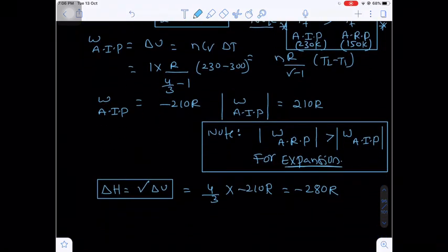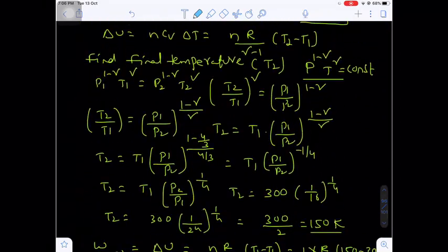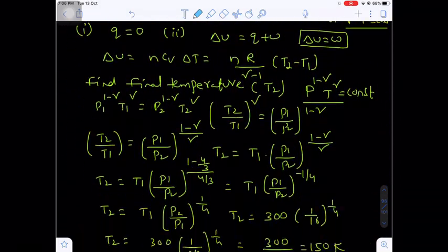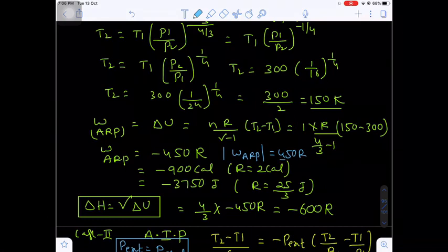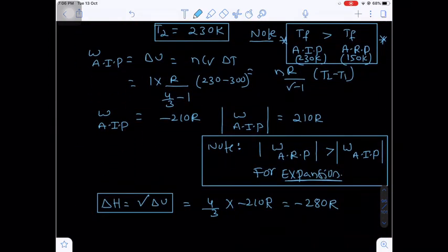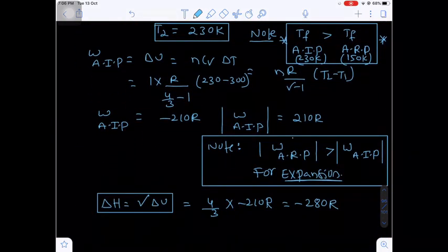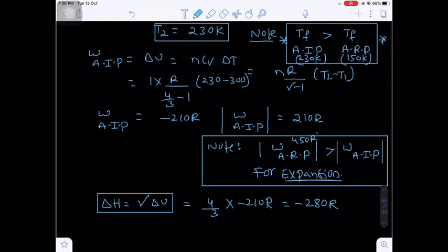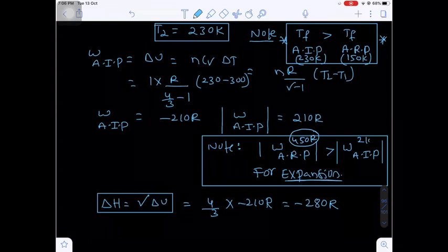And the second important note is the work done. The work done in the adiabatic reversible process is 450 R. For comparison, I am writing the value also. And the work done in the adiabatic irreversible process is 210 R. Remember, I am comparing only the magnitude.